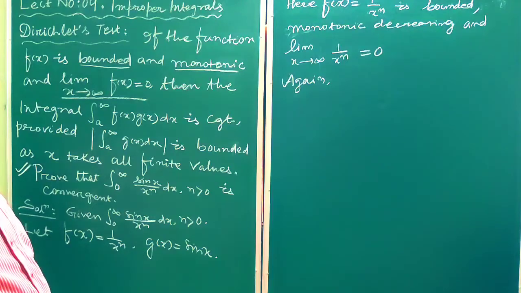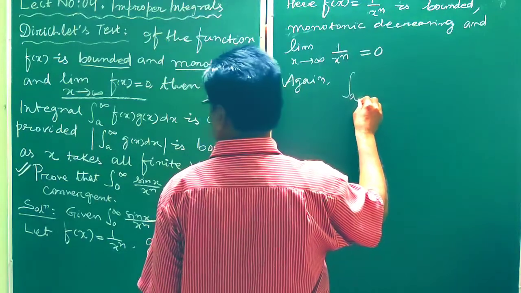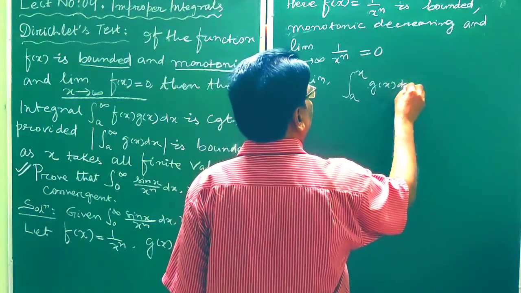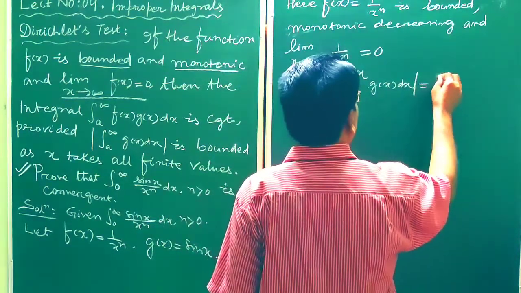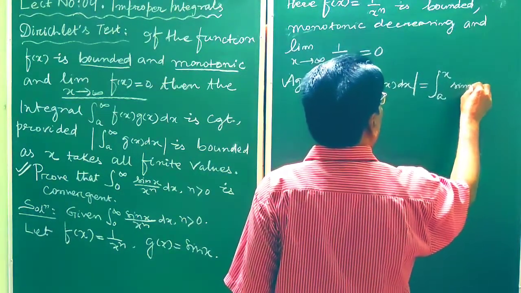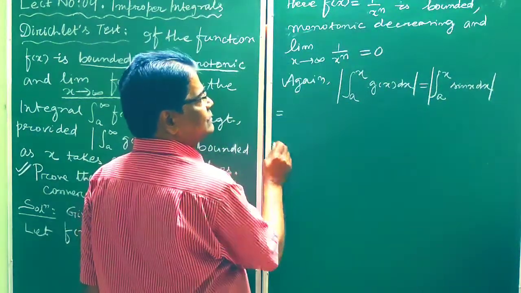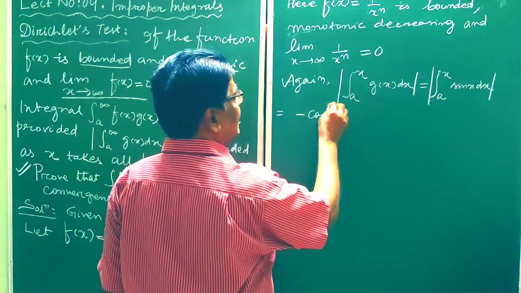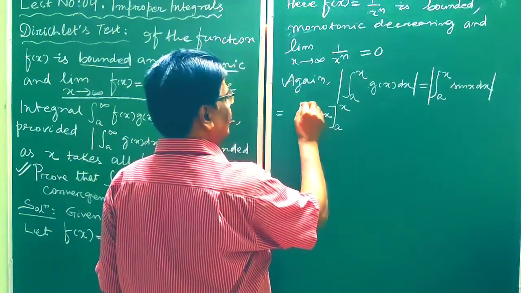Again, let us take the second function, that is g(x). Here we have taken g(x) as sin x. Now the integral from a to x of g(x) dx, absolute value, is equal to the absolute value of the integral from a to x of sin x dx, which is equal to minus cos x, because the integral of sin x is minus cos x. Lower limit of the integration is a, upper limit is x.